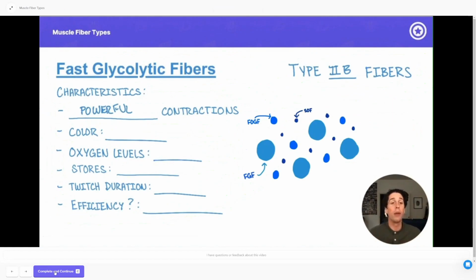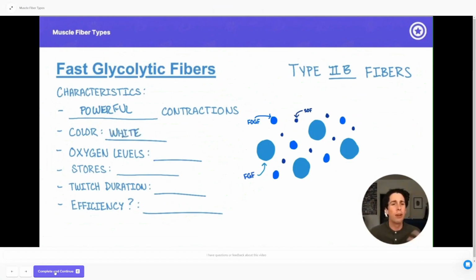These are going to appear white because we're not going to have those blood capillaries. We're not going to have the high amount of myoglobin to hold on to the oxygen. We're not going to have the high levels of mitochondria. They will still be present because we know all fibers do need a little bit of a blood supply, but they're not going to have the high levels, and so these are actually going to appear white rather than red. So these fibers will be white.